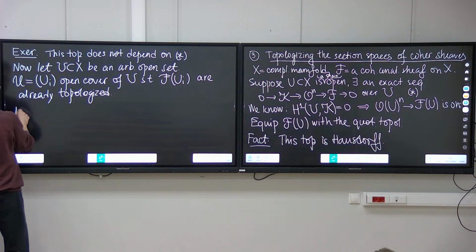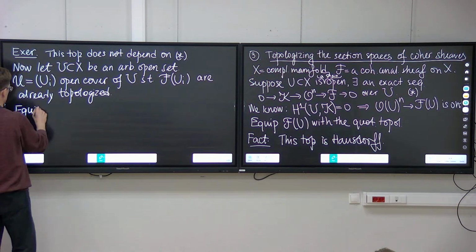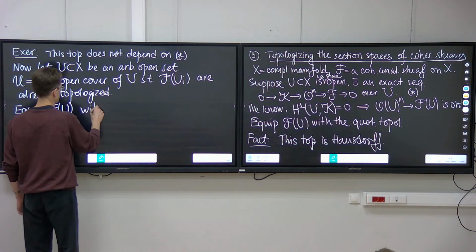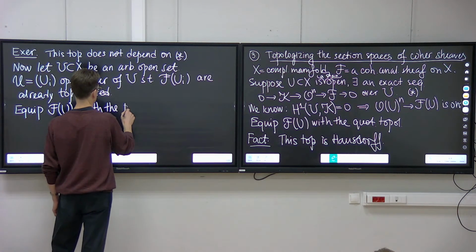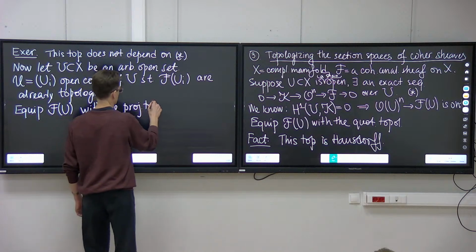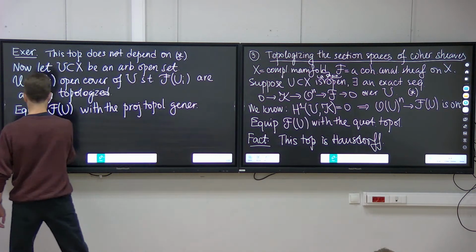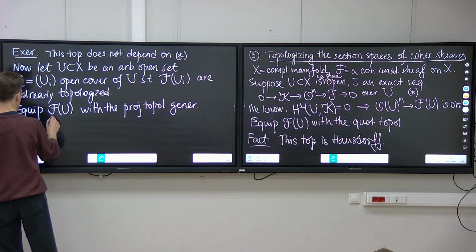And we equip F of U with the projective topology generated by the family of restriction maps.